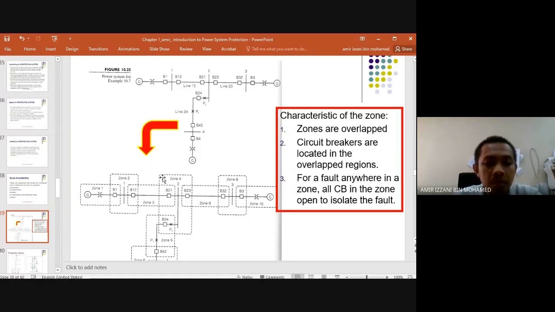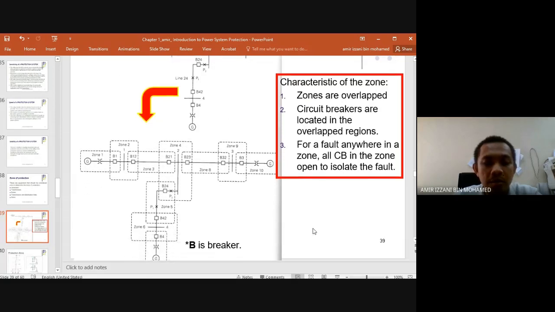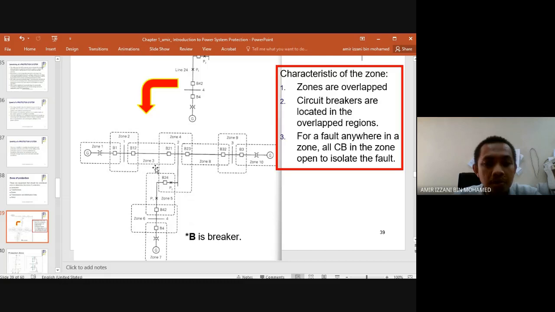Then we go on until all zones are drawn. We can create all the zones here, like here we have 1, 2, and 3 lines, and one bus. So we need to combine like this, to make it overlap.